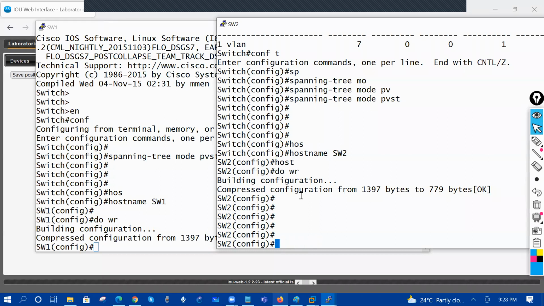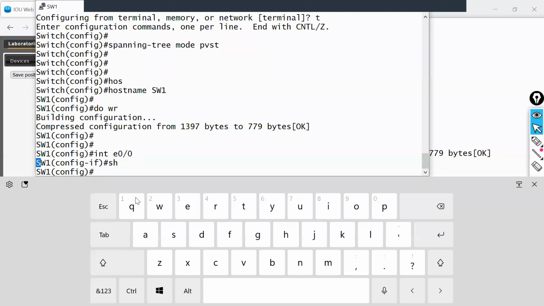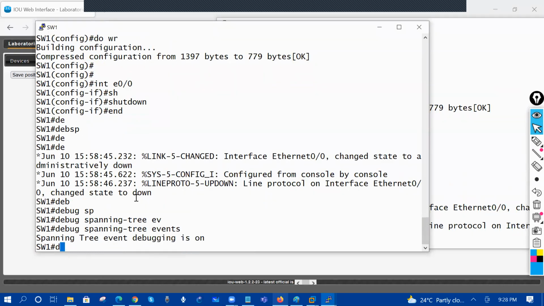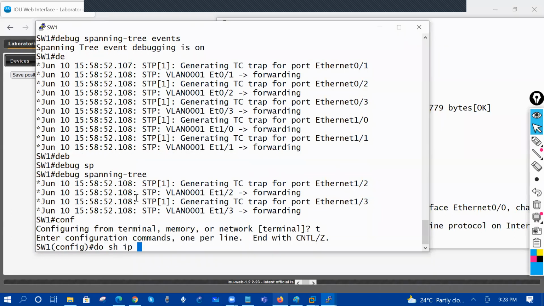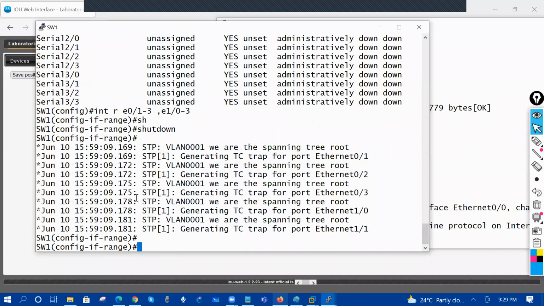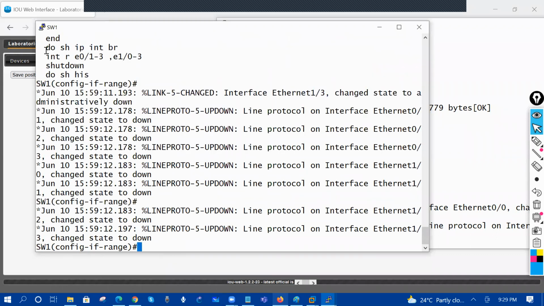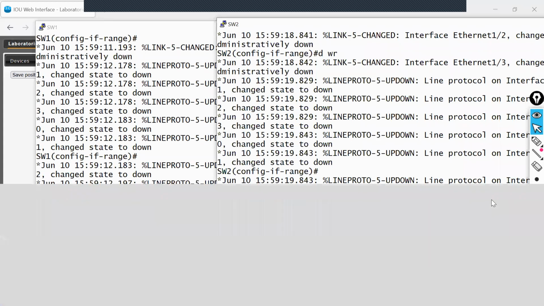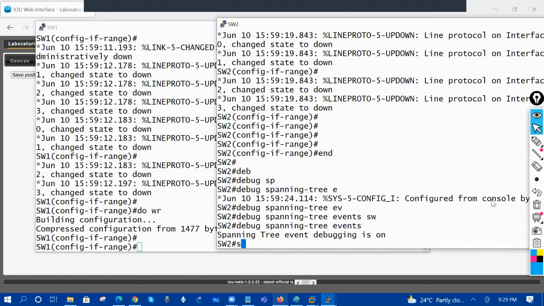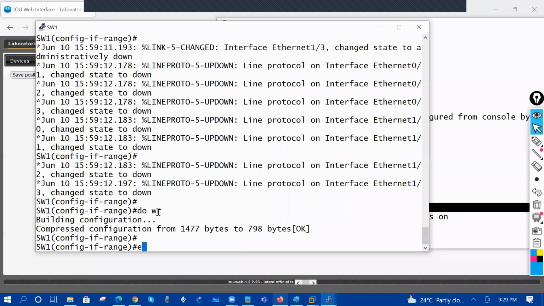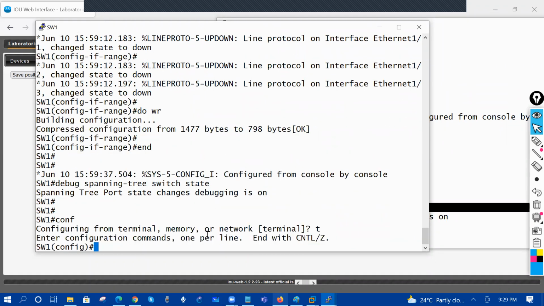The interface is 0/0. Let me enable debug, then shutdown and no shutdown the interface.